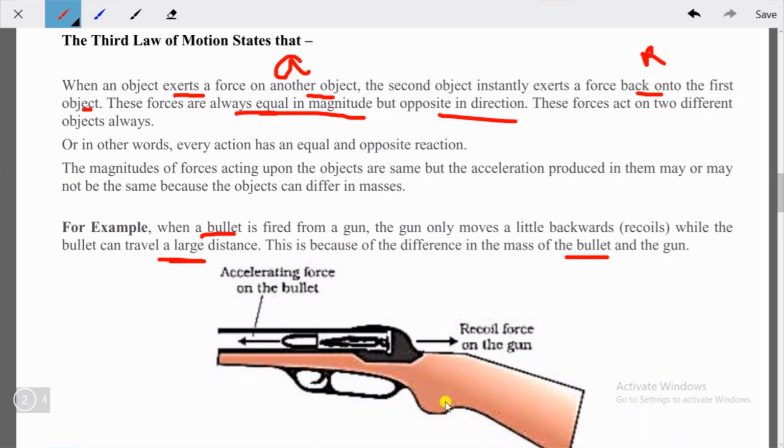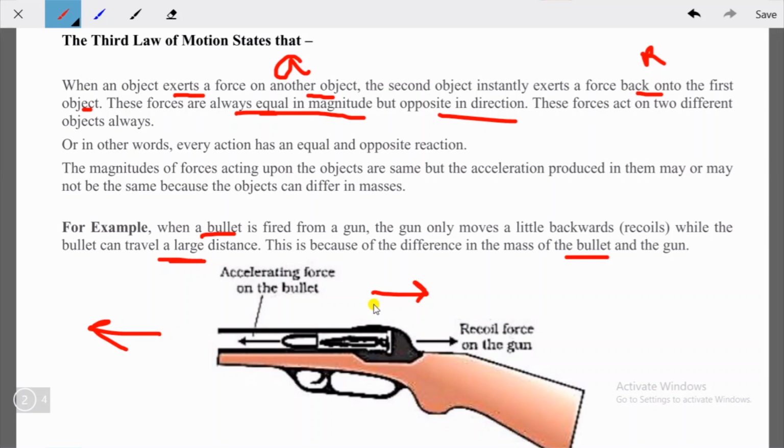See this gun. Whenever a gun fires a bullet, what happens? After firing, the gun pushes backward. So here you see an accelerating force on a bullet. This bullet is going in this direction, and due to the movement of this bullet, the gun goes backward. It has some recoil, we can say. It moves a little backward, so that is called recoil.